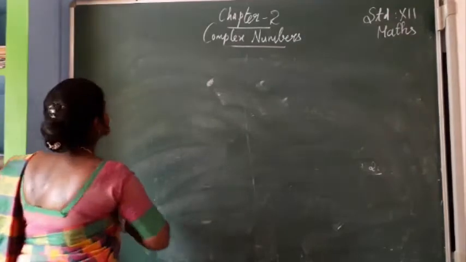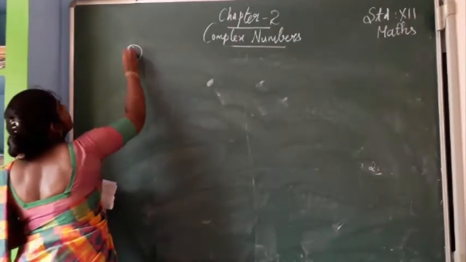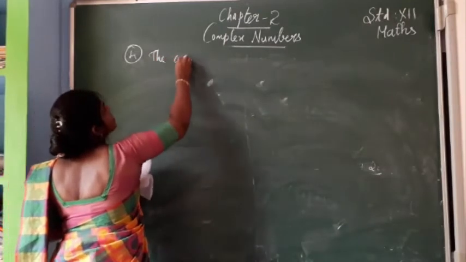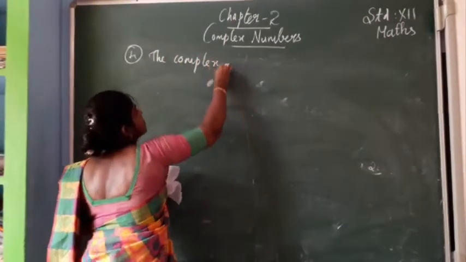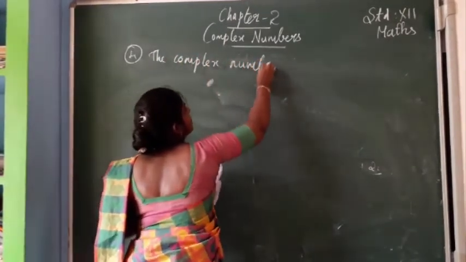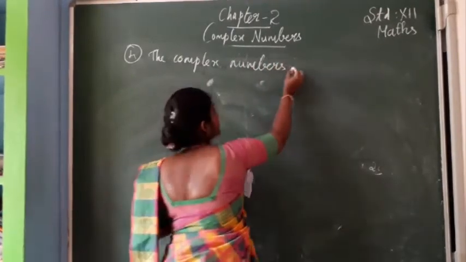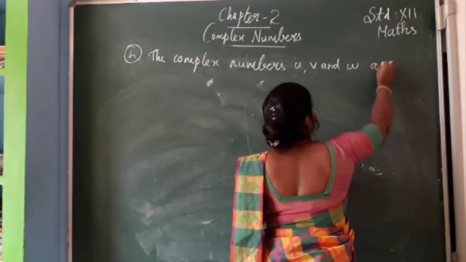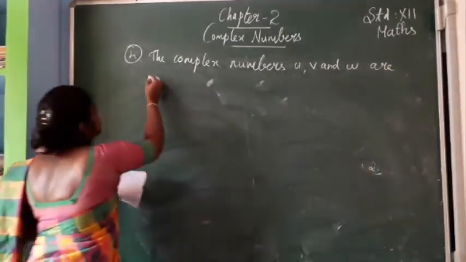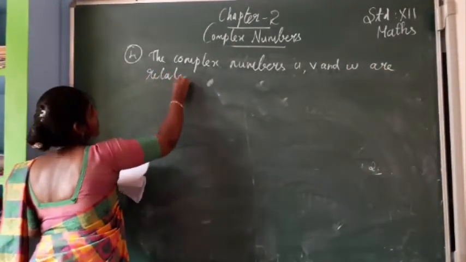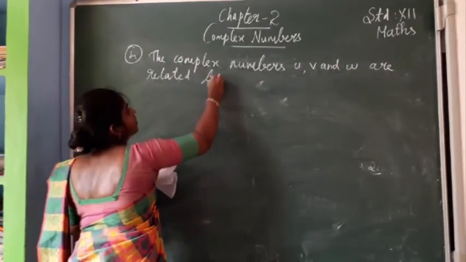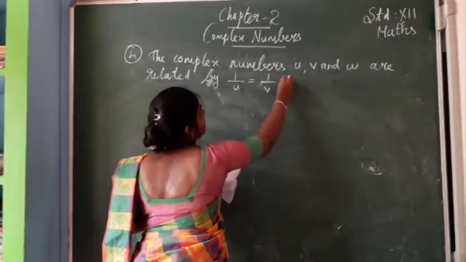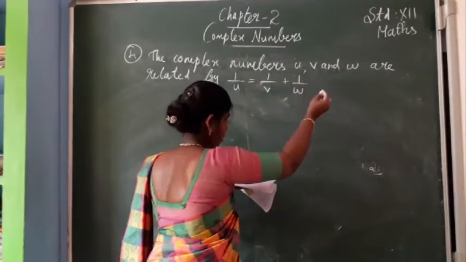Fourth question. The complex numbers u, v and w are related by 1/u = 1/v + 1/w.